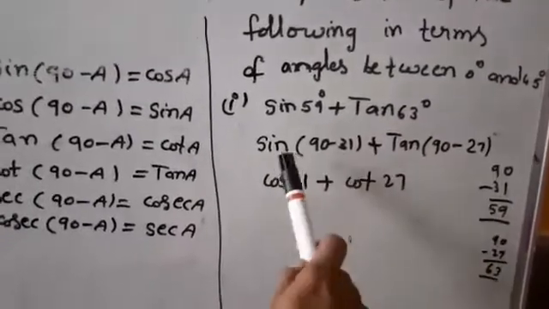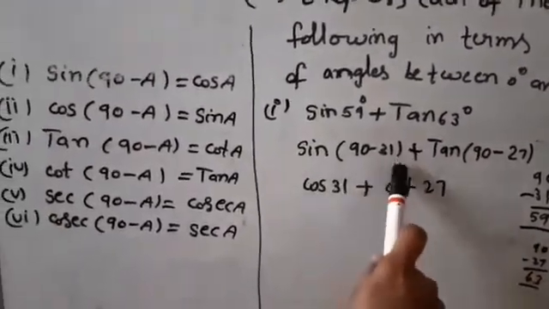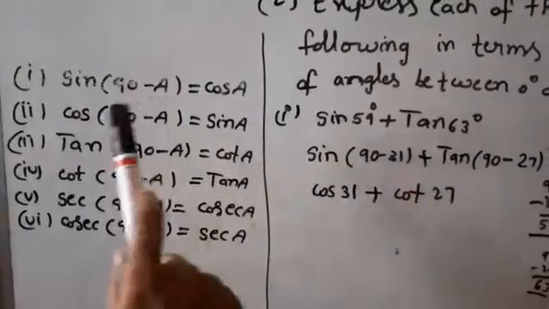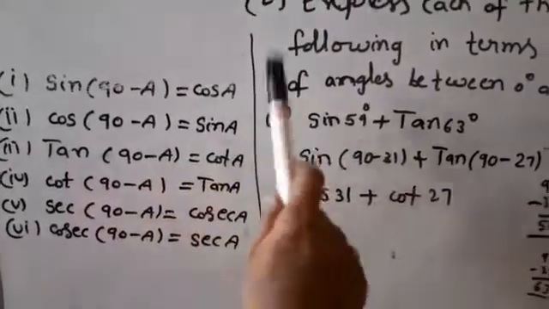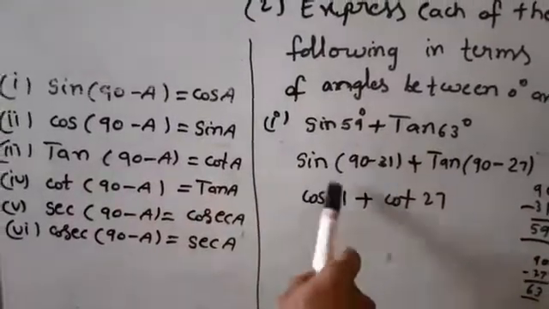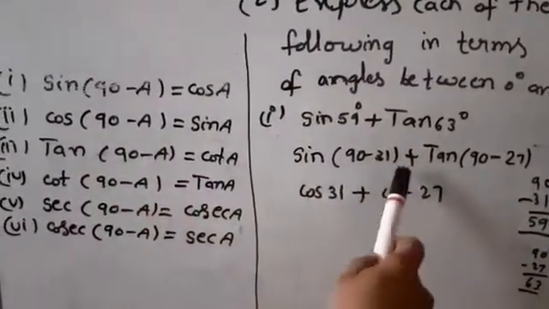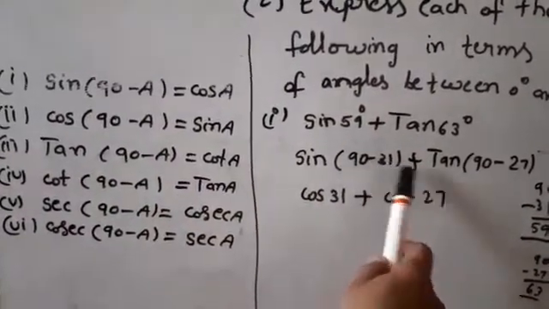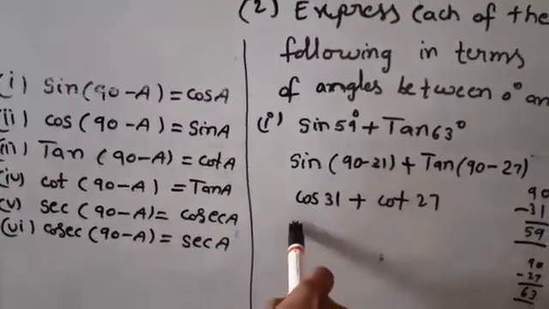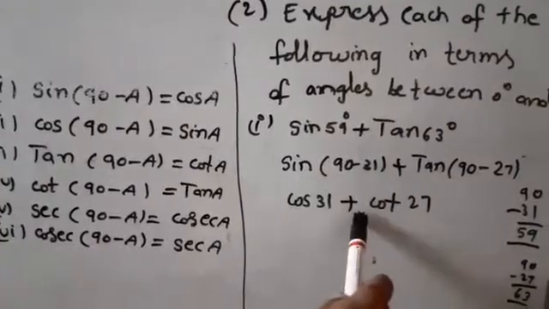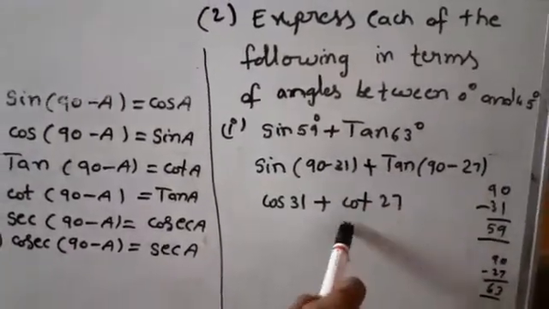Now sine of 90 minus 31: sine of 90 minus A will become cos A. So sine will become cos, and the angle here is 31. So that gives cos 31, plus next, tan will become cot.